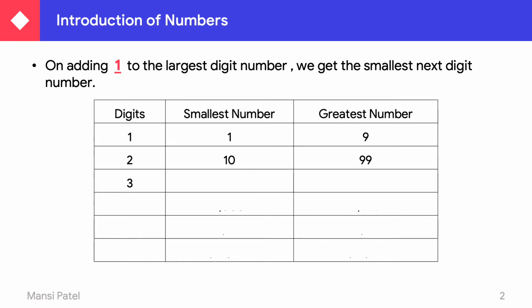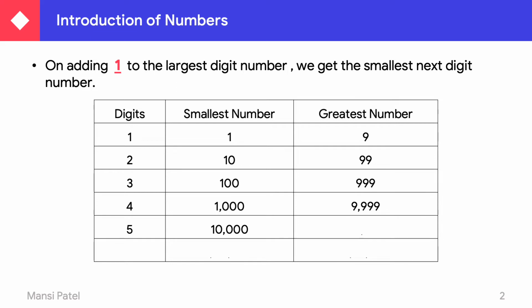What about the 3-digit number? The smallest 3-digit number is 100 and the greatest 3-digit number is 999. Now, the smallest 4-digit number is 1000, whereas the greatest 4-digit number is 9999. If we add 1 to 9999, we get 10,000.